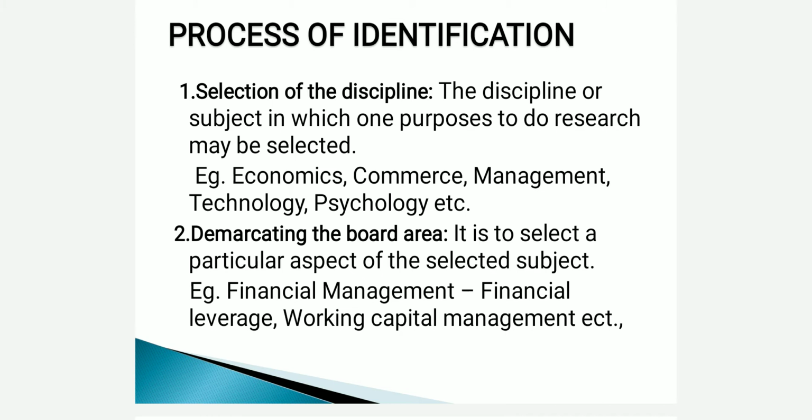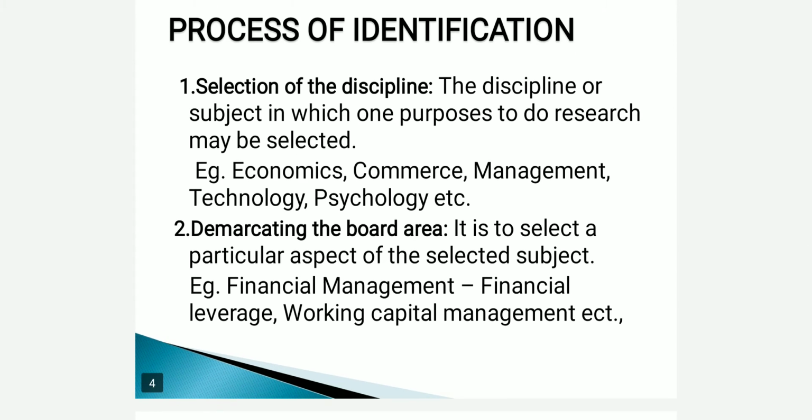Various subjects are available, for example, economics, commerce, management, technology, psychology, etc. That is the subject. Next one is the broad area. Once you have selected the subject, you select a particular area or aspect in your subject.